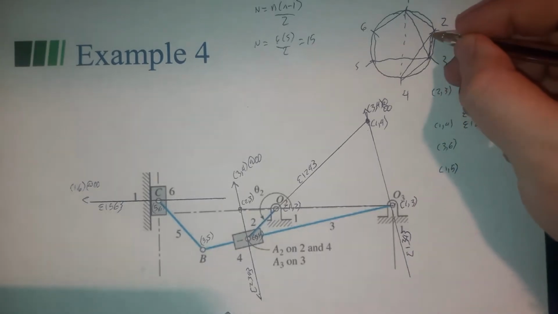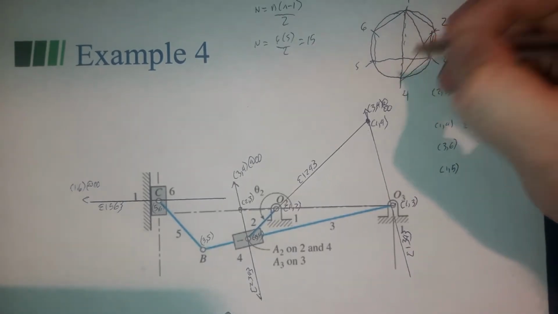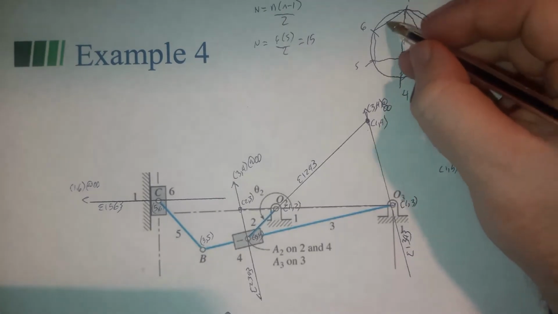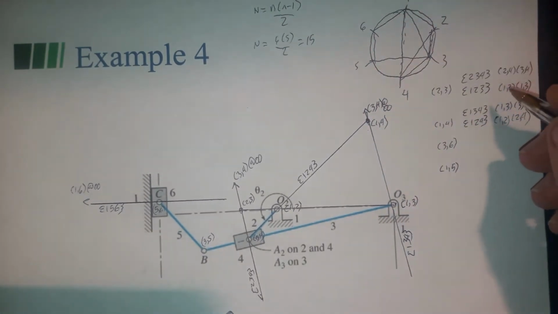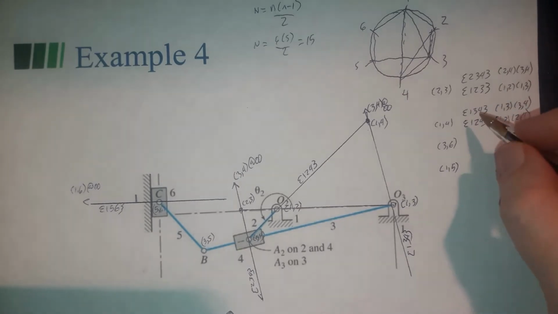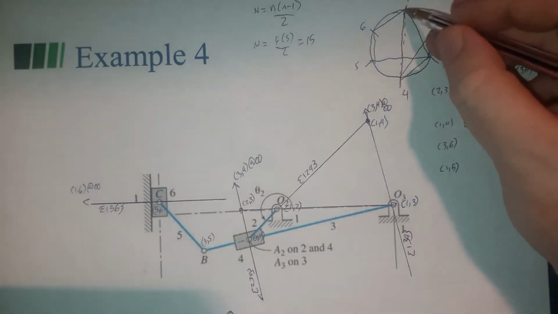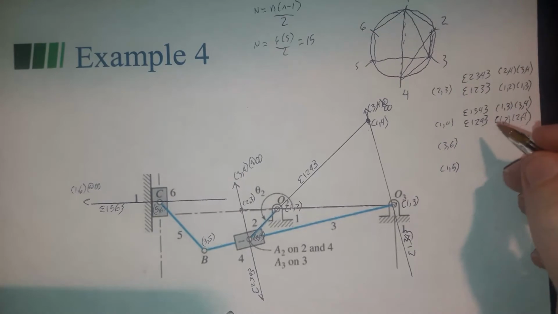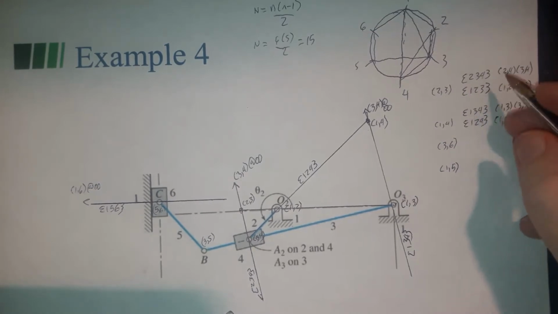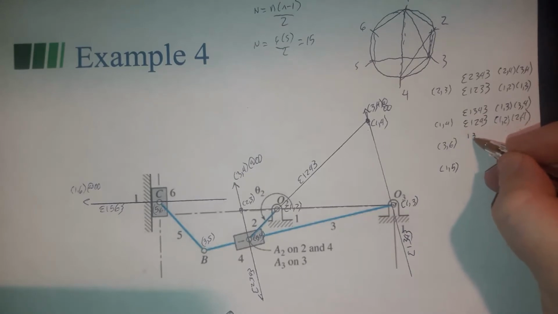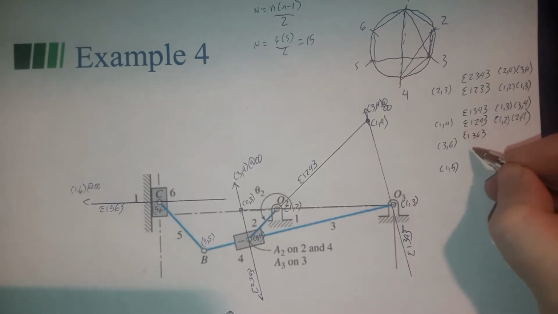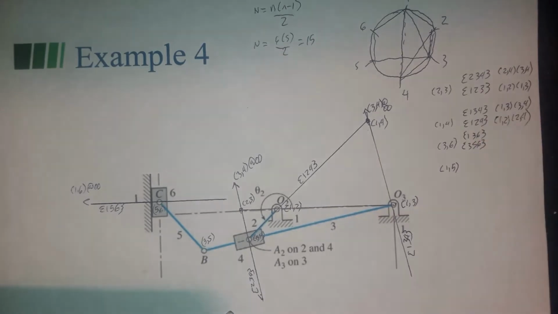So I've got that one, I've got that one. I can now shift my attention to this closed loop and find the instant center 3, 6 by bisecting this quadrilateral, and that'll give me a triangle 1, 3, 6 and triangle 3, 5, 6.